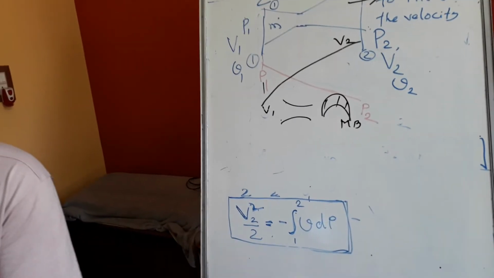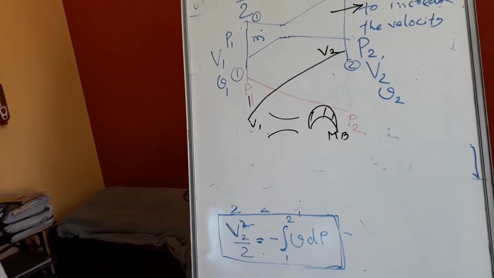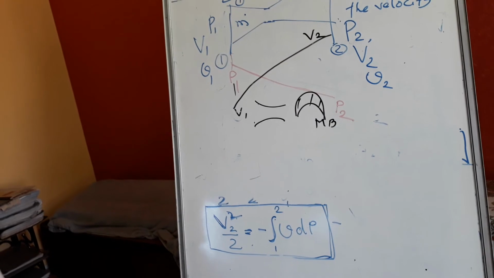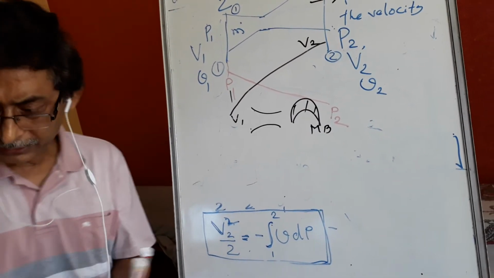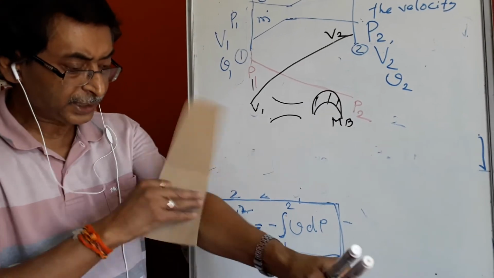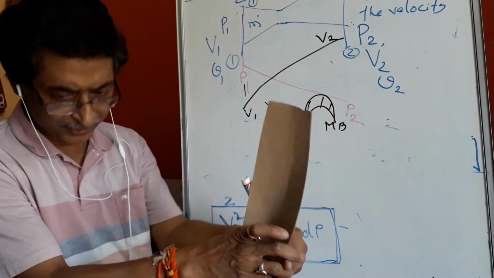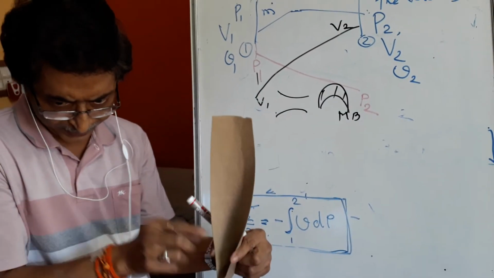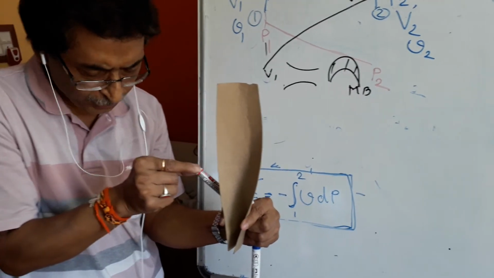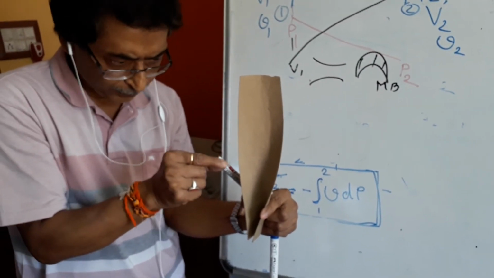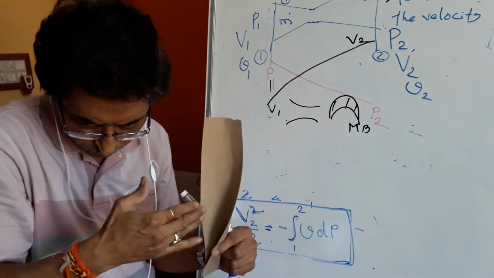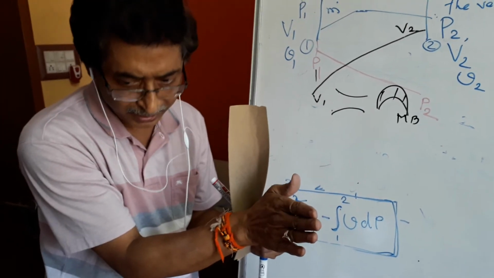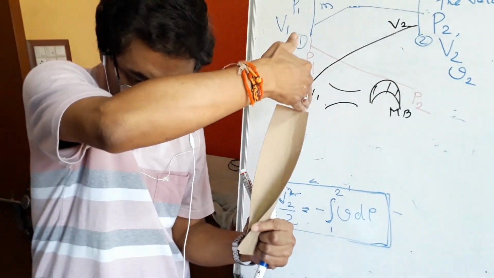So this is my moving blades, and if I fix the nozzle here, then at the exit of the nozzle the velocity will be very high. That high velocity stream will enter the moving blades and will produce thrust. You are getting it?